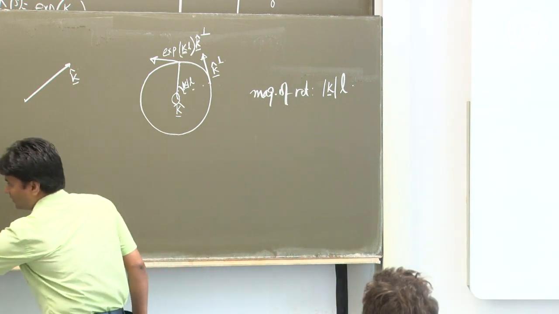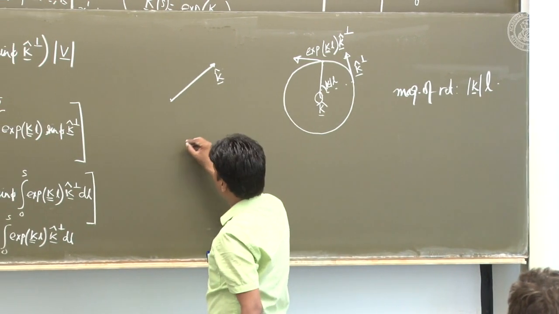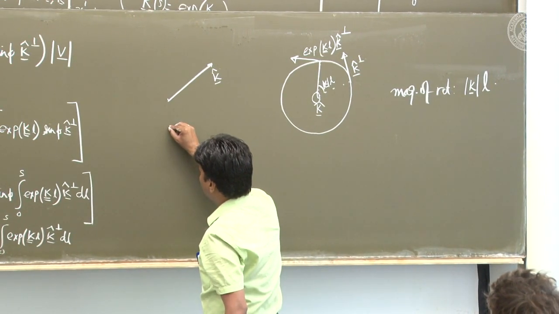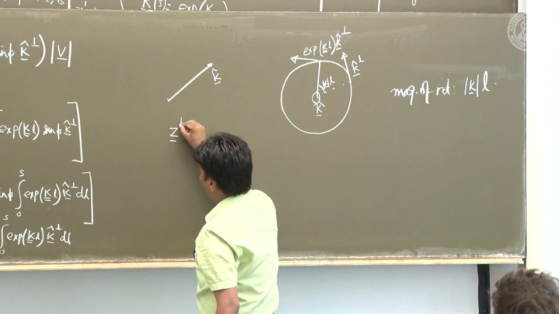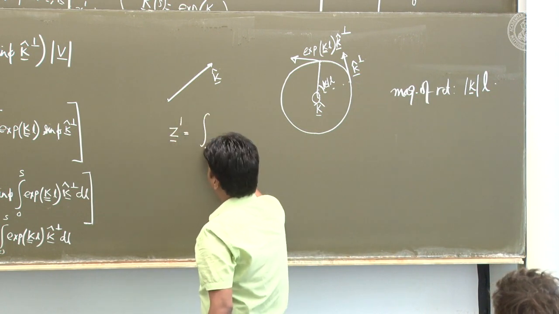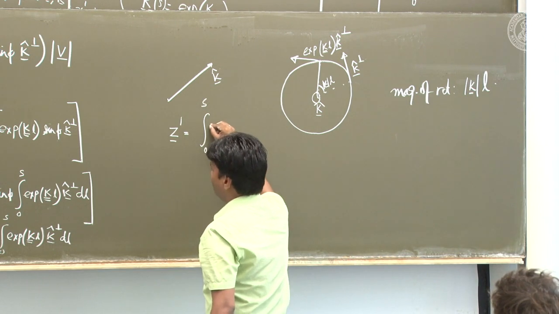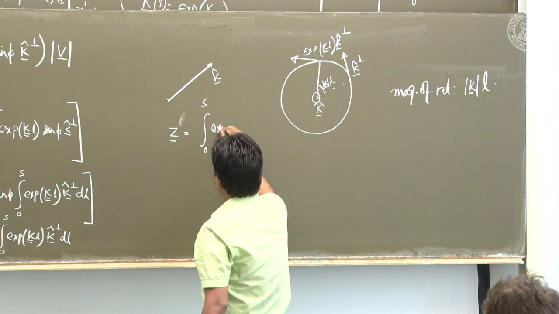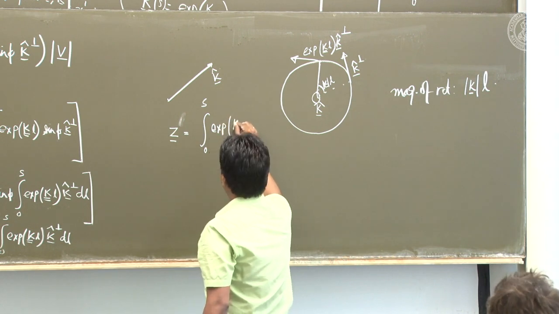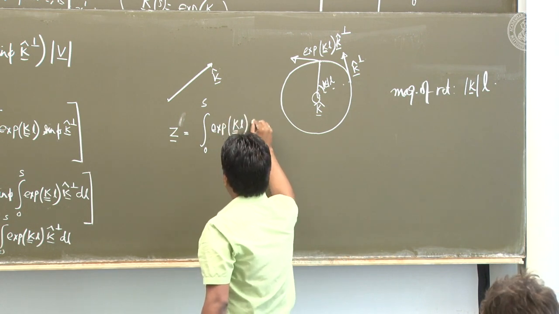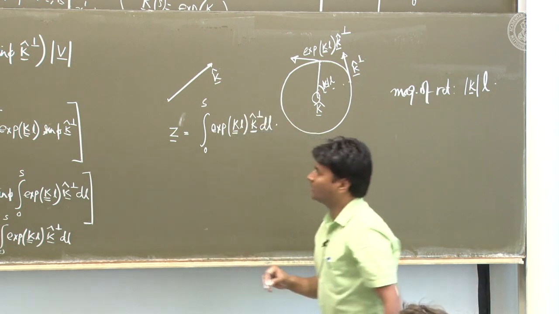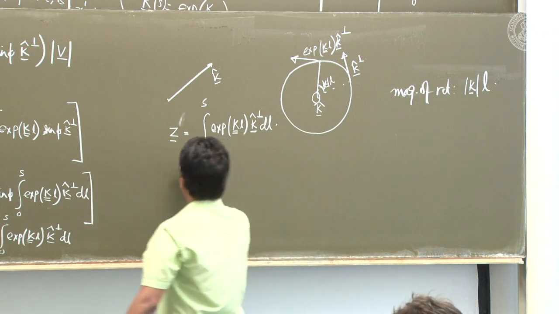Okay, just look at this term. Suppose this is z. Z equal to 0 to s exponential of kl times k hat perp dl. Then what is z prime?